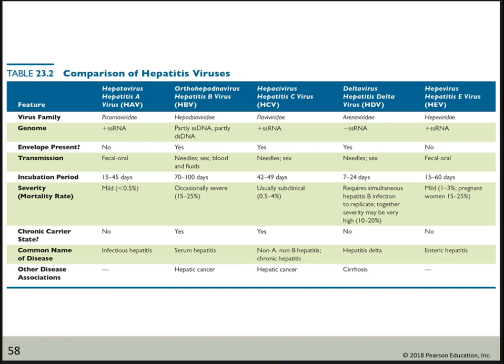We don't know entirely why this is true, but if a person has Hep B and then acquires Hep D, this can increase the severity of the infection as well. Hep E only causes a mild infection and does not result in chronic infections.